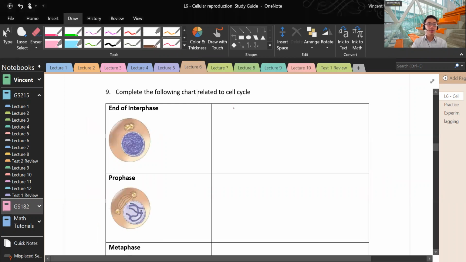In this case, we can write: DNA replication is completed, and the chromatin starts to condense into chromosomes.